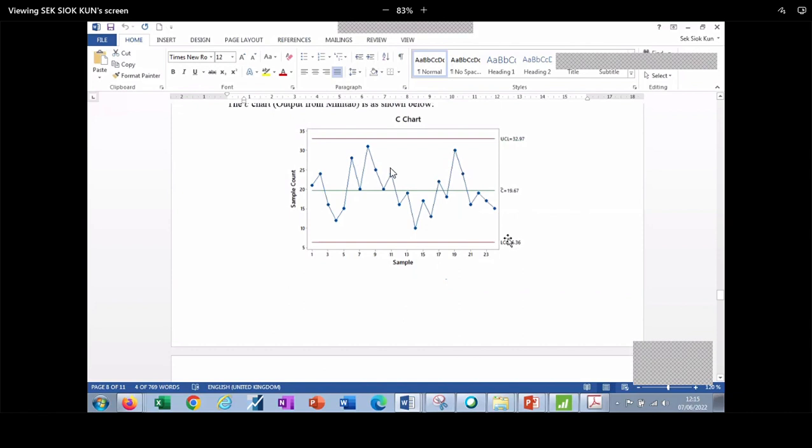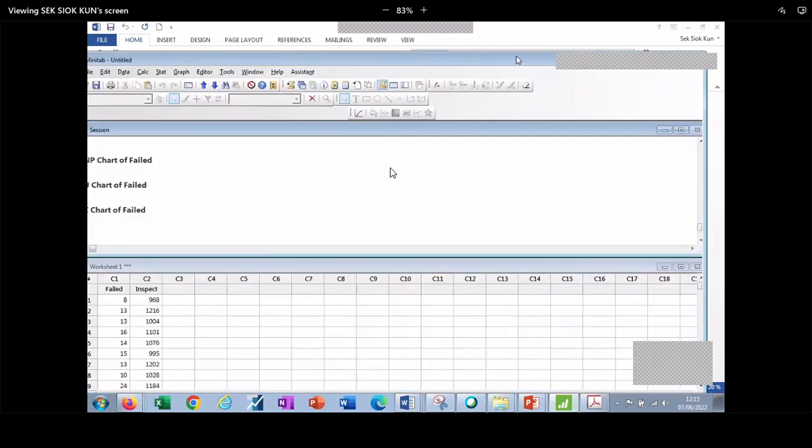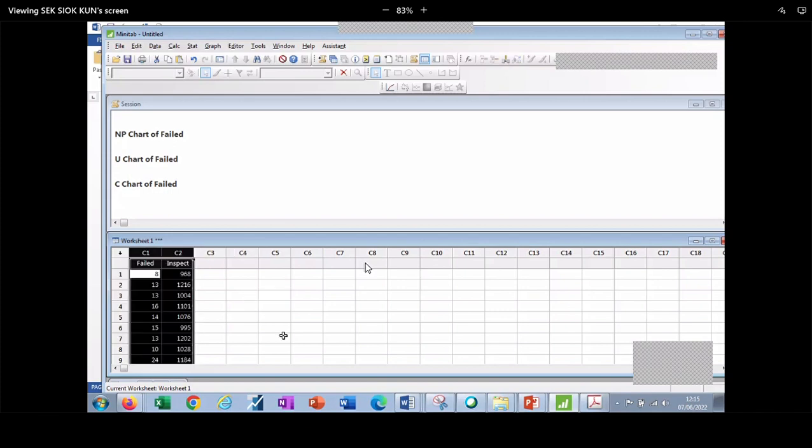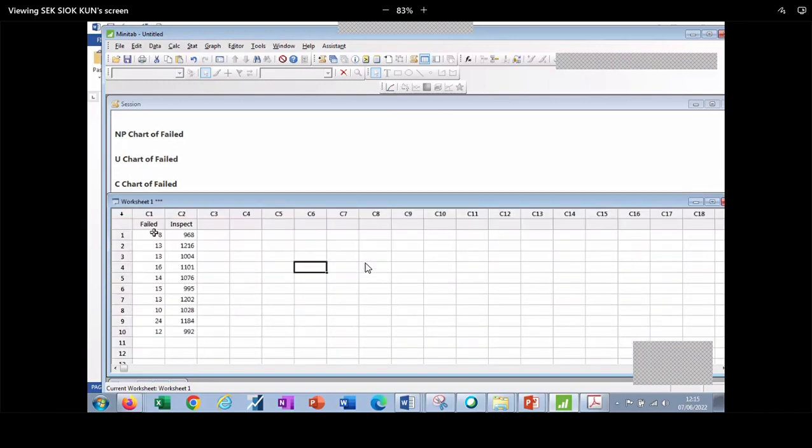Same for all the samples for the four types of control chart. So assume I have this data I used to construct the four types of control chart we learned just now. So these are the number of failures or defectives, and these are the sample sizes.